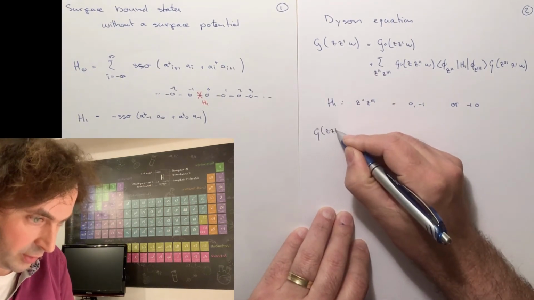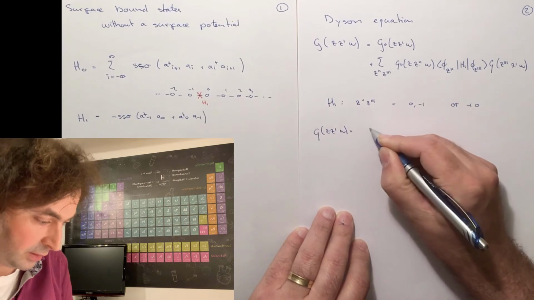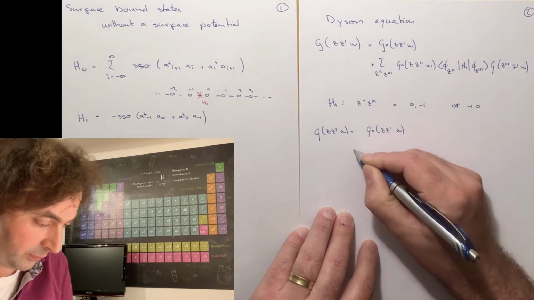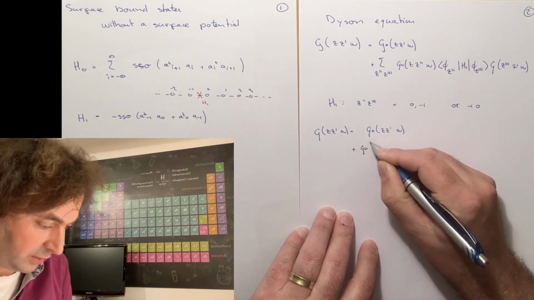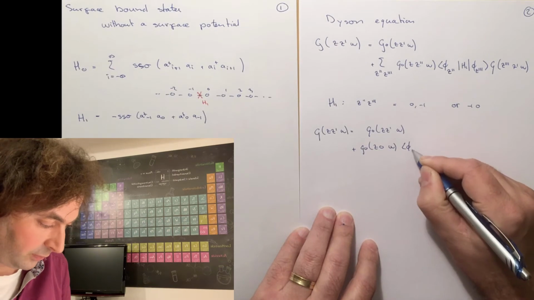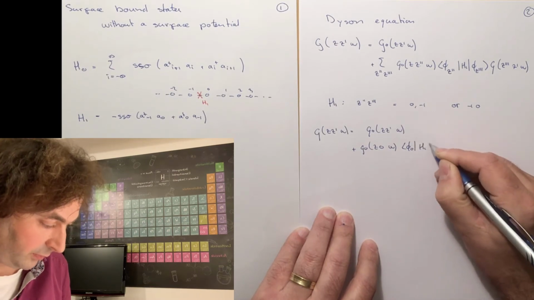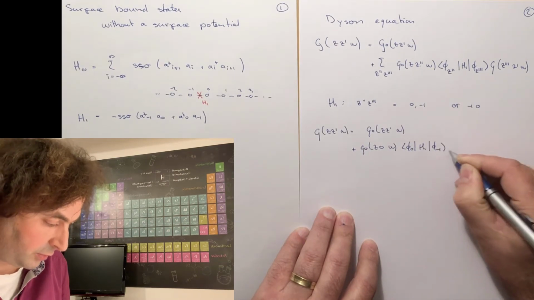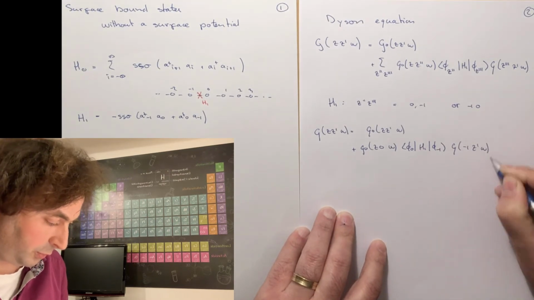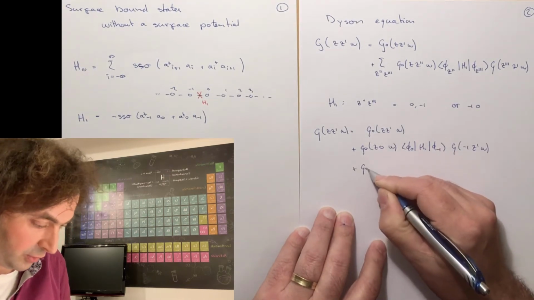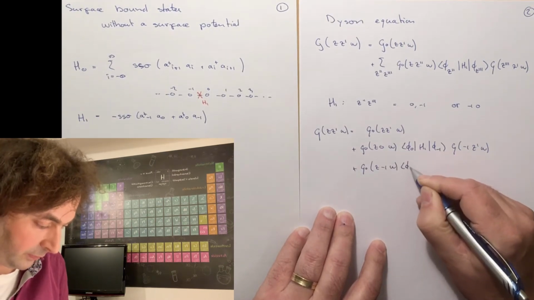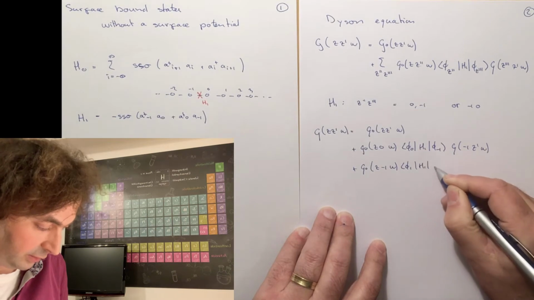So our Green's function is given by g0(z, z', omega) plus g0(z, 0, omega) psi_0 h1 psi_-1 g_-1(z', omega) plus g0(z, -1, omega), and a scattering in the other direction.